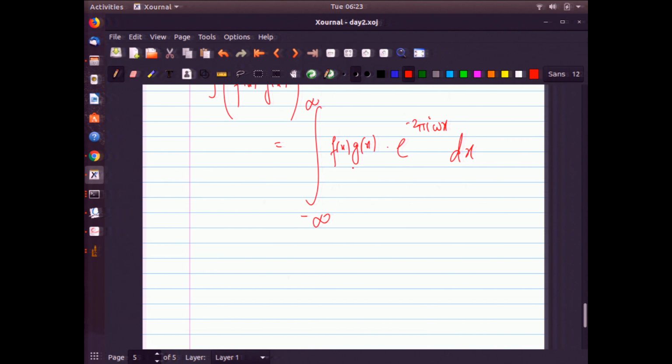But we know that f of x can also be written as, right? We know this. We apply the inverse Fourier transform on f cap. So just for the sake of some algebraic manipulation, we can write f of x down as the inverse Fourier. Oh, I didn't write the definition of the inverse Fourier transform, but I'll write it now.